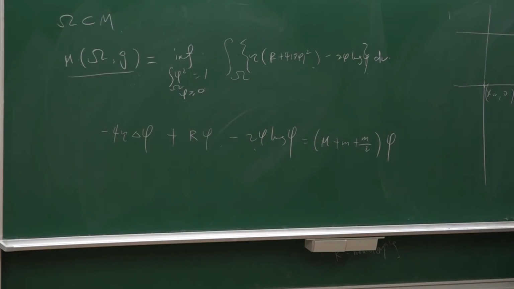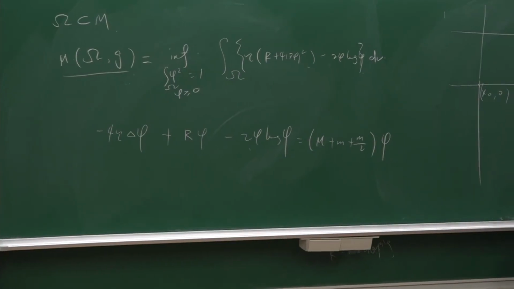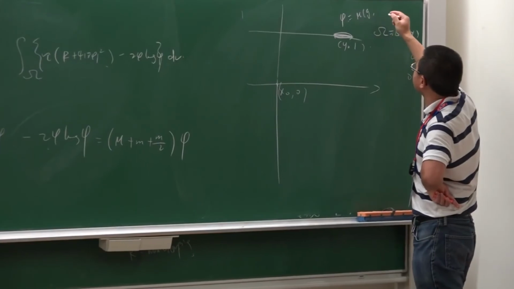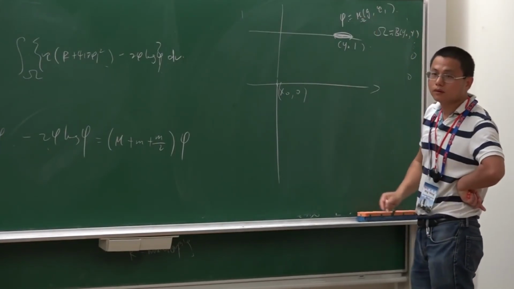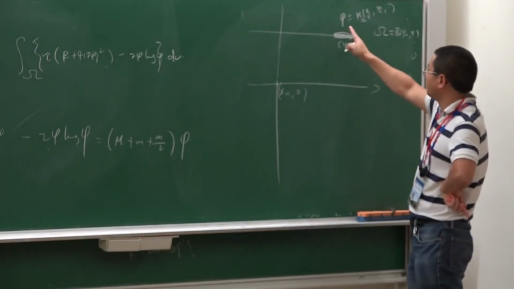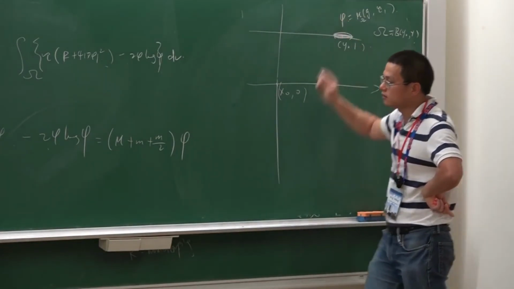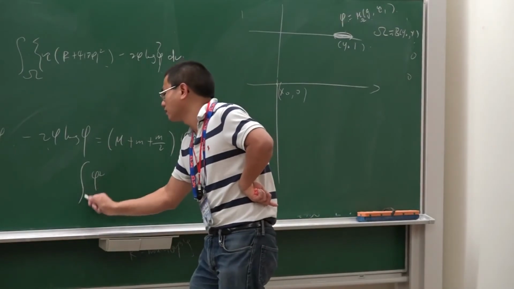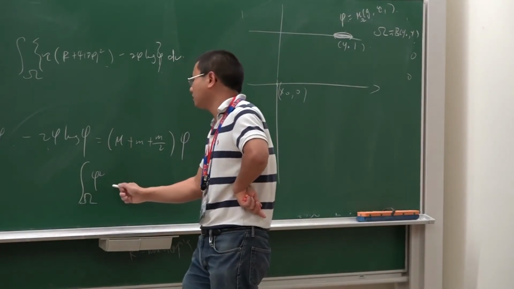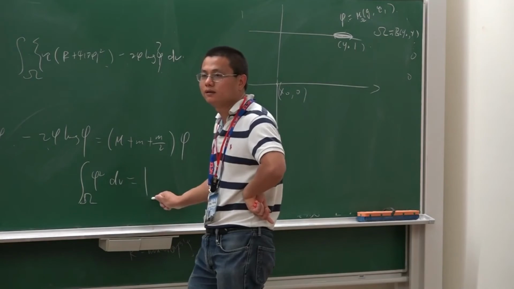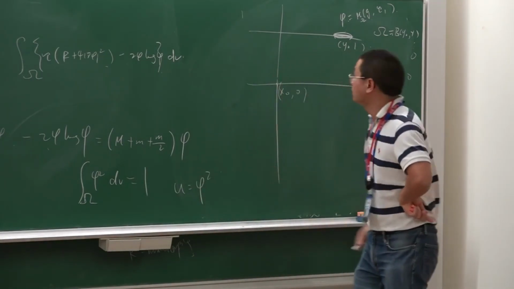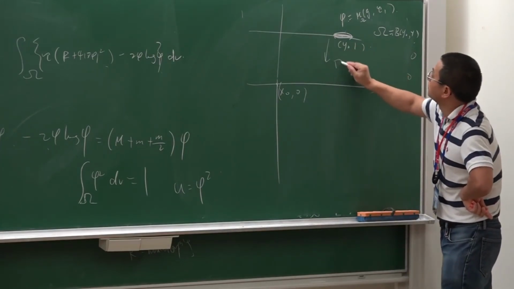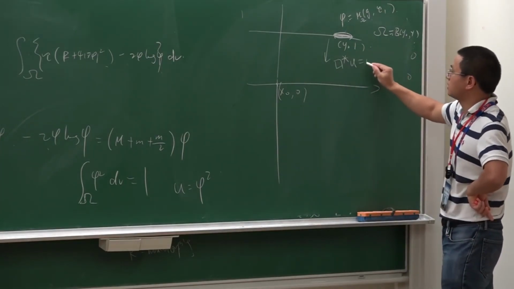I start from a phi, which is the minimizer of the mu functional of g at some tau 1 on omega. I consider this phi an eigenfunction. Of course, in omega, the integral of phi squared will be 1. So I let u be phi squared, and then I solve the equation square star u equals 0.